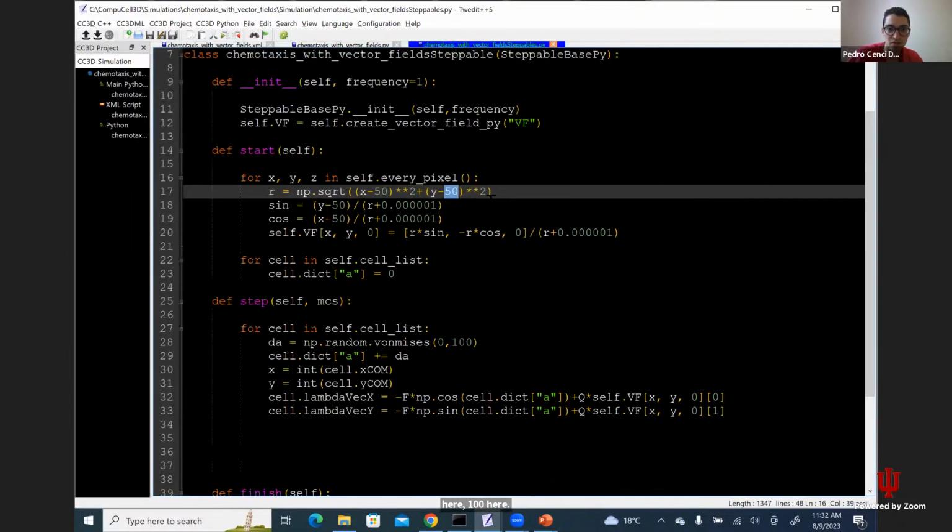So this is a distance: the square root of x squared plus y squared. And when you subtract the position, you are recentering your coordinate to that specific point. So I just do minus 50 in the x, minus 50 in the y, so I recenter my vector field.